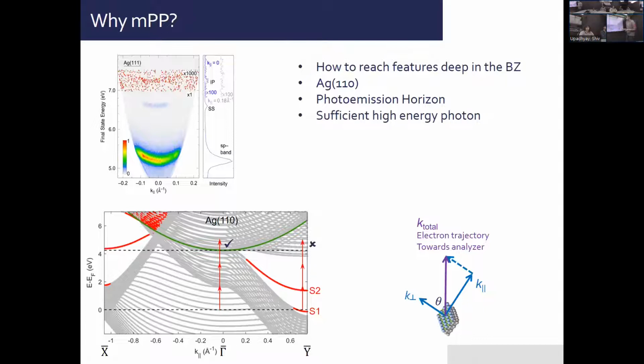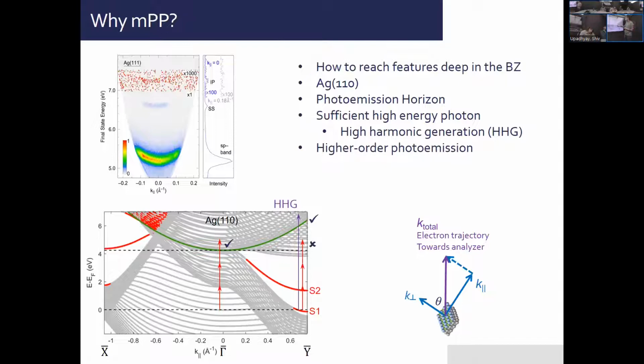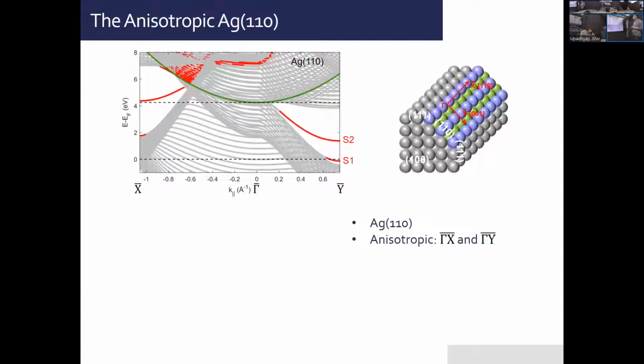A common way to solve it is to use sufficiently high energy photons, for example, high harmonic generation photons, so we have enough energy. In our group, we are increasing the field strength to induce higher order photoemission processes so that we can excite electrons above the photoemission horizon. By this, we solved one part of the problem.